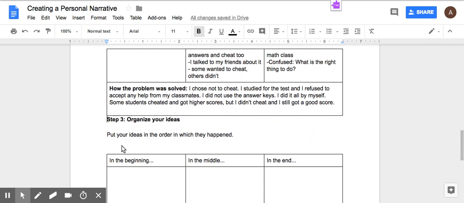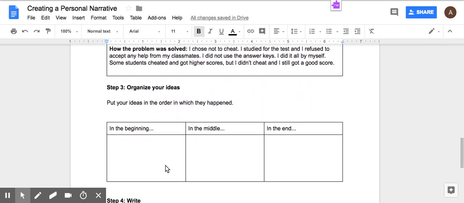So that brings us to step 3, organizing your ideas, putting your ideas in the order in which they happened. In the beginning, I remember I was sitting in math class.